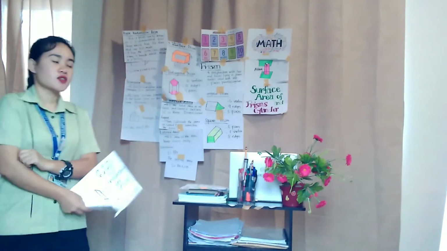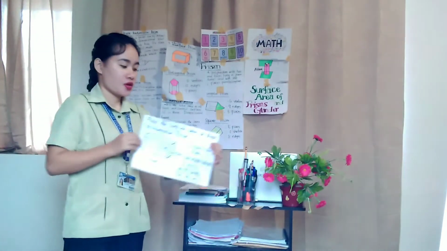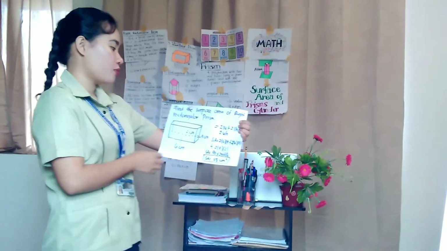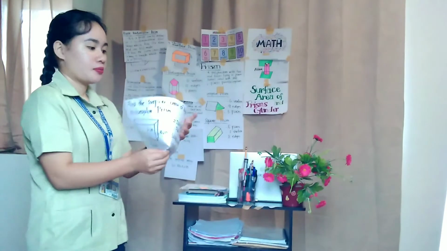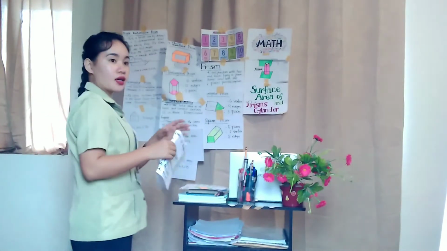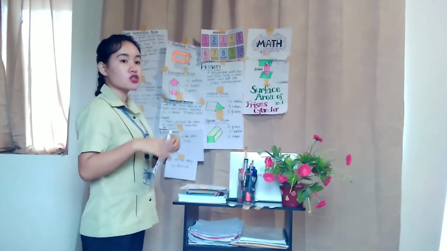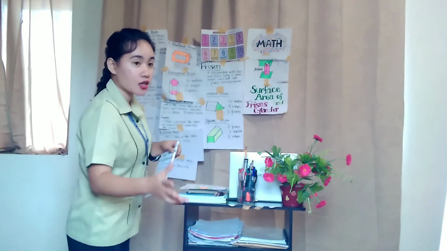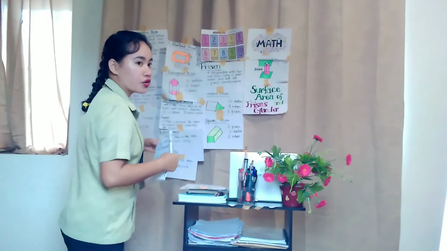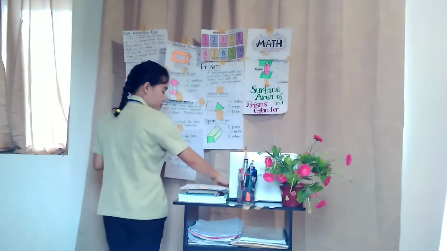This is our problem. Find the surface area of the right rectangular prism. I want you all to solve it, and let me see if it is correct or wrong. Start now.